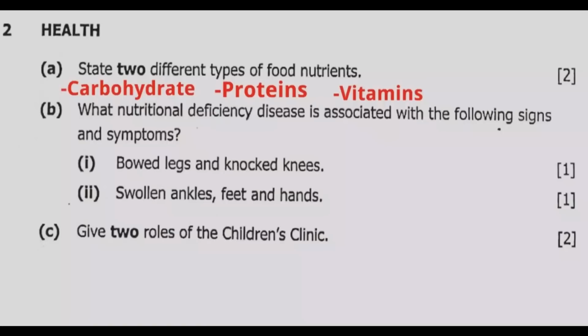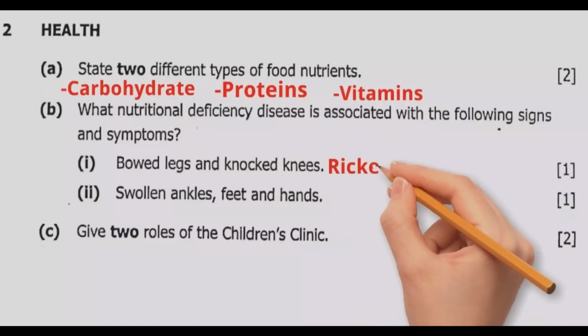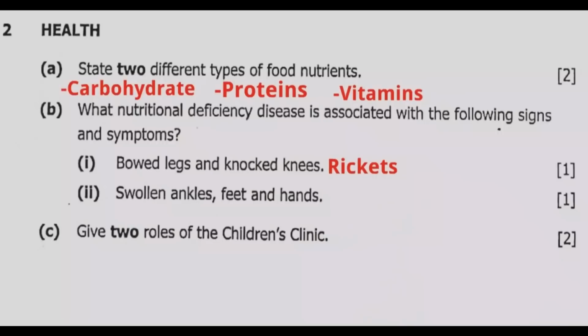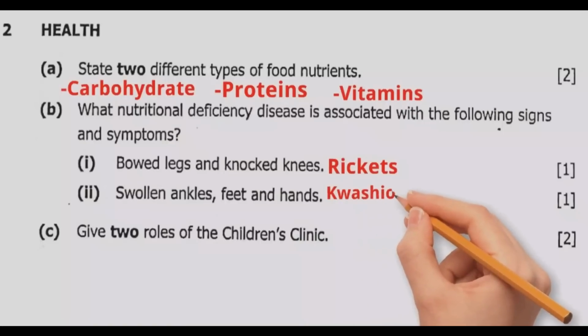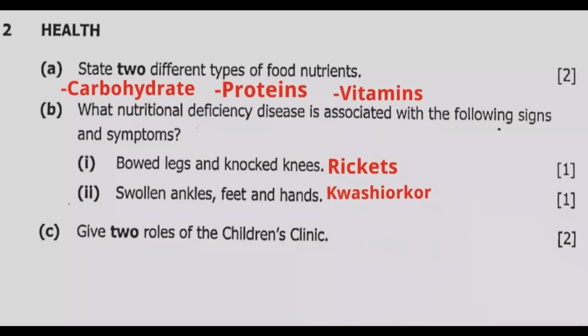That is rickets. Then question B2, swollen ankles, feet and hands. That is kwashiorkor. So if a child has swollen ankles, feet and hands, that means the child has kwashiorkor.